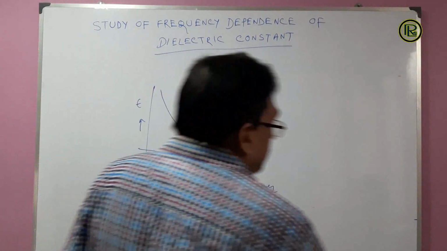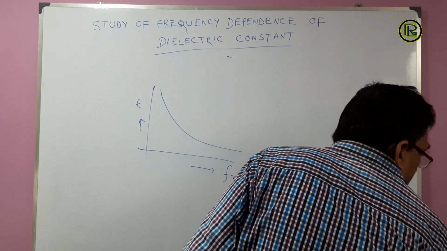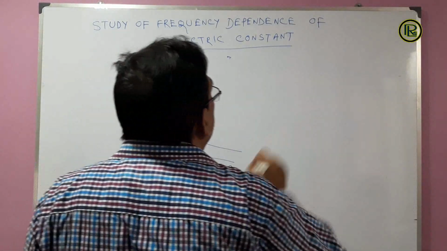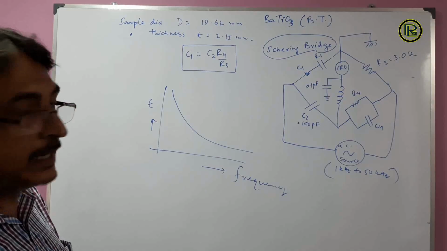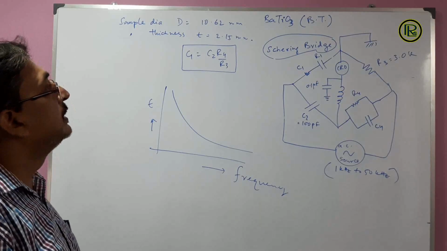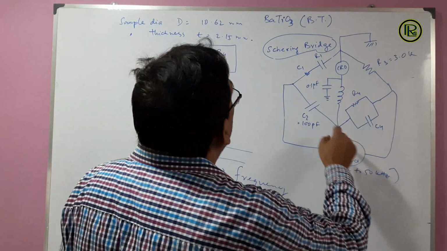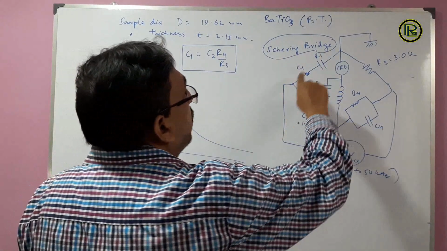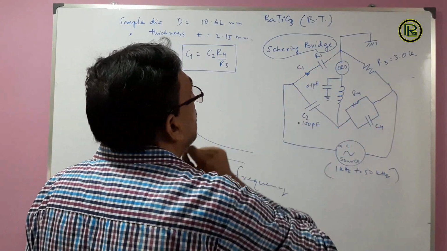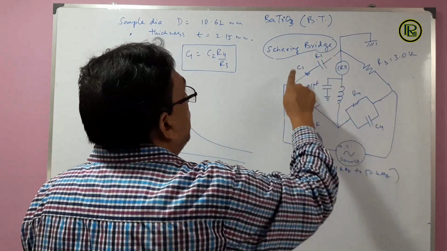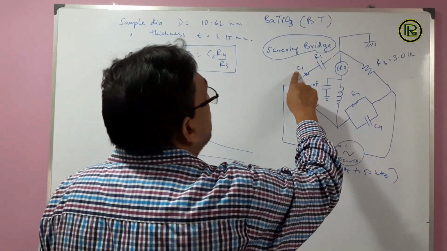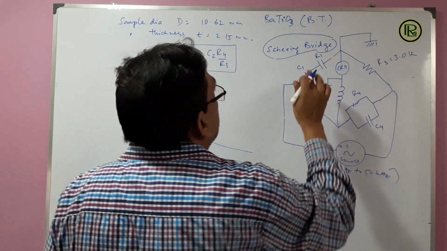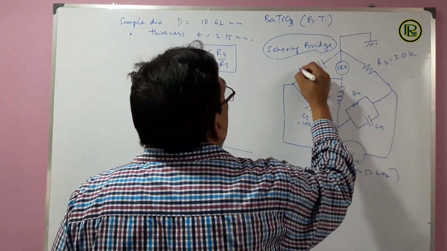We must now know the circuit diagram of the experiment. We have a Sauty bridge. It has 4 arms. Arm 1 contains capacitor C1 and resistor R1.